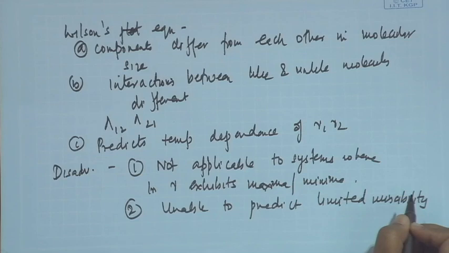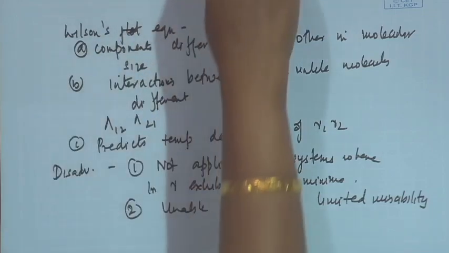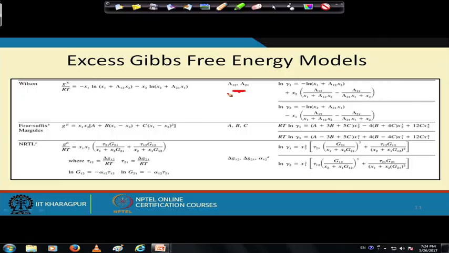Well, other than that, what do we have? We have a 4th suffix Margules equation which tries to modify further the 3 suffix equation by incorporating, it's basically a Redlich-Kister equation which has 3 instead of 2 terms, it is evident. Then we have the non-random 2 liquid equation, the NRTL equation.